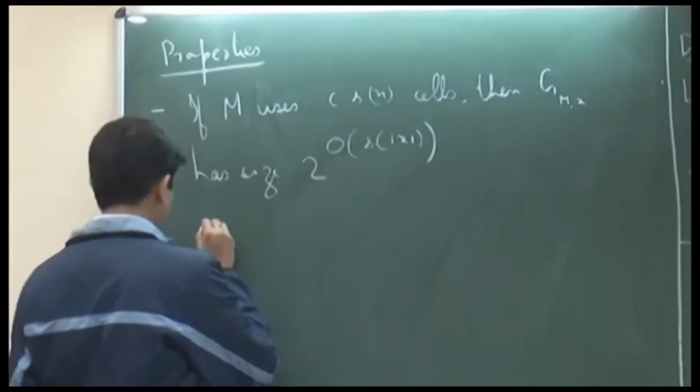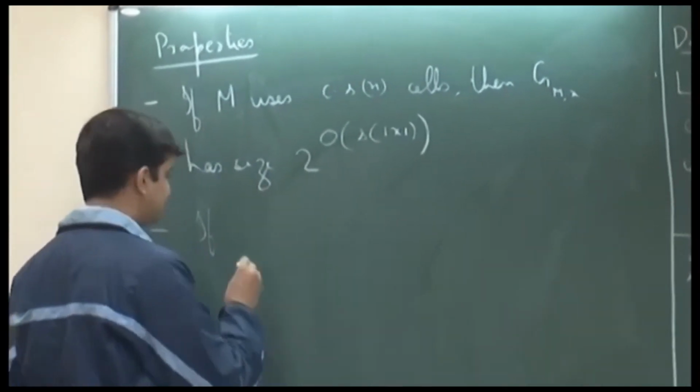So, suppose M is deterministic, what can we say about this graph?